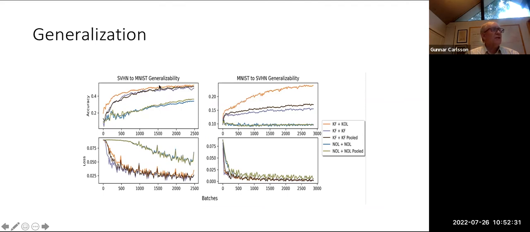And you can see here you get to nearly 50%. SVHN here is the harder data set, so that's to be expected. This is MNIST to SVHN. Here it looks like we're getting to 25, but in fact we actually got up to 35. So there was a significant improvement over the previous analysis.